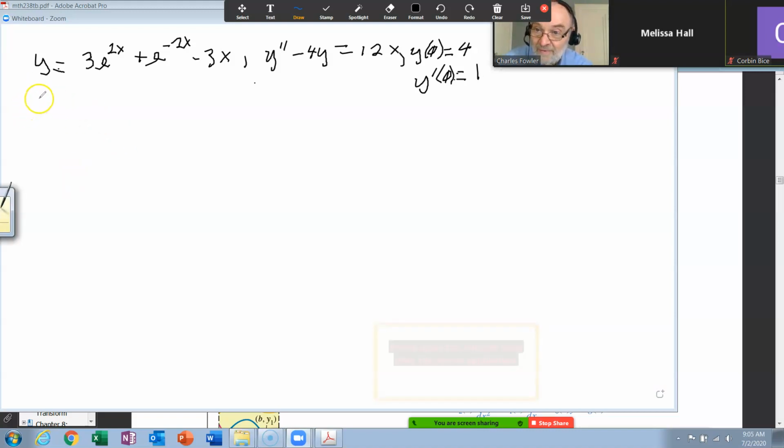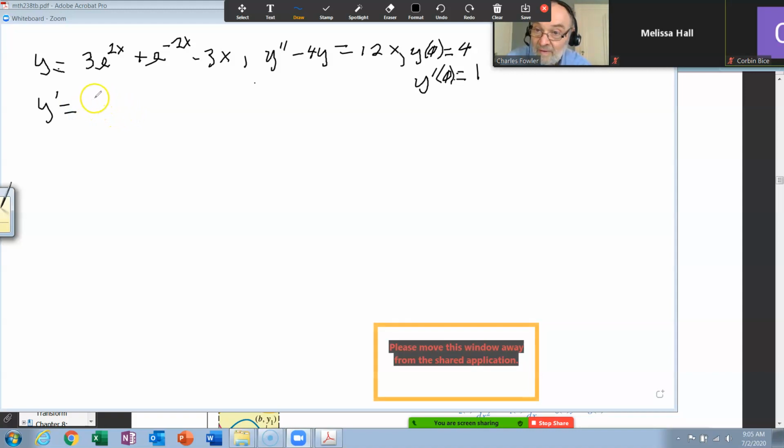Take a derivative. Y prime would be what? 6 e to the 2x. You take the derivative of e to the 2x, it's e to the 2x, chain rule, times 2. You had a coefficient of 3, 2 times 3 is 6. Got it, everybody?